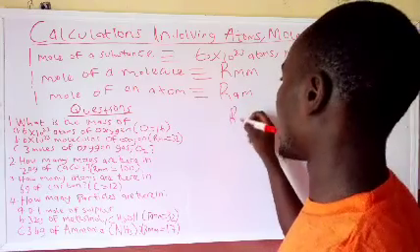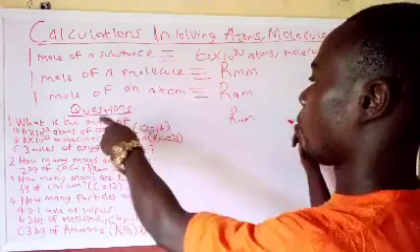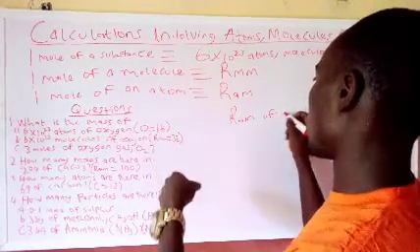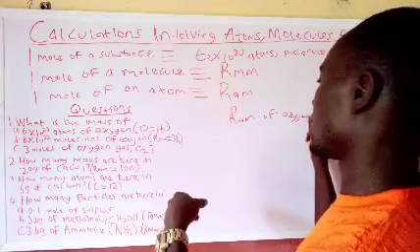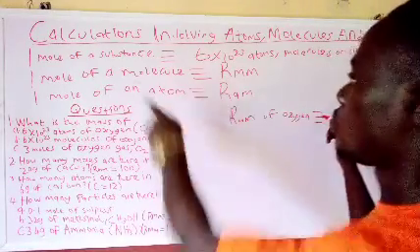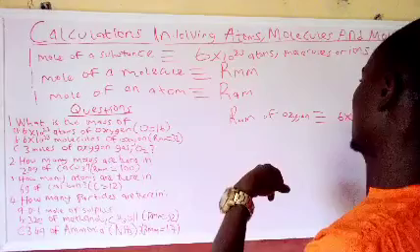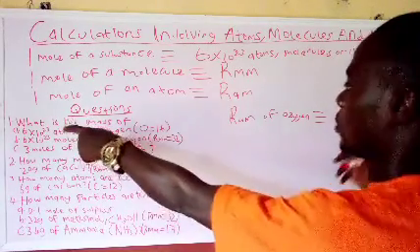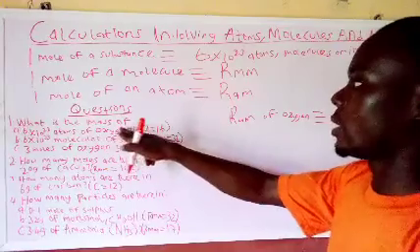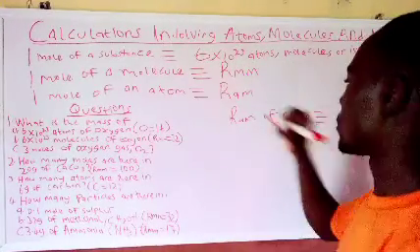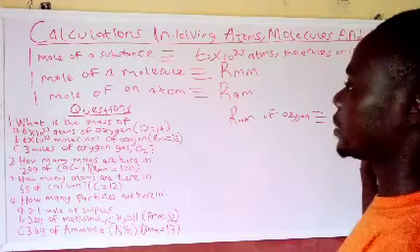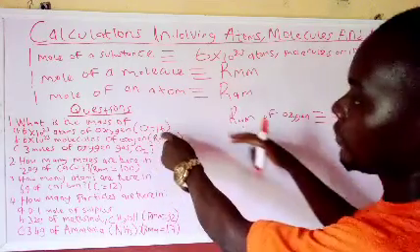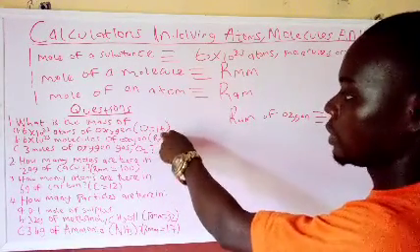So relative atomic mass of oxygen is equivalent to 6 times 10 raised to the power 23 atoms. Are you getting it? The question is, what is the mass of 6 times 10 raised to the power 23 atoms of oxygen? So can you see the relationship? Now the relative atomic mass of oxygen is 16.